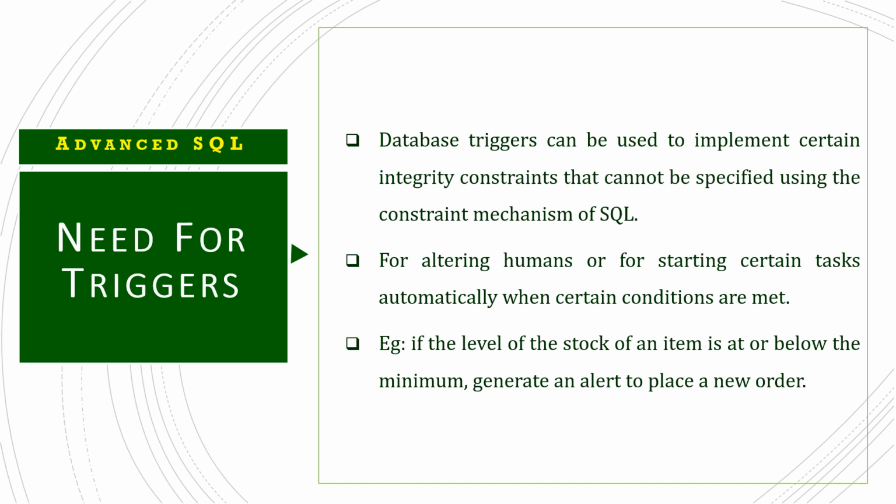So it happens automatically whenever the stock level goes below the reorder level. So we can alert humans or start certain tasks. We can fix a particular time for starting a certain task. We can do all such things with the help of these triggers.